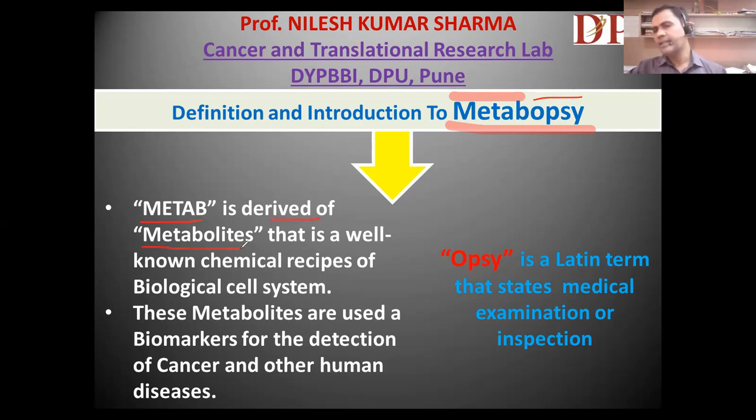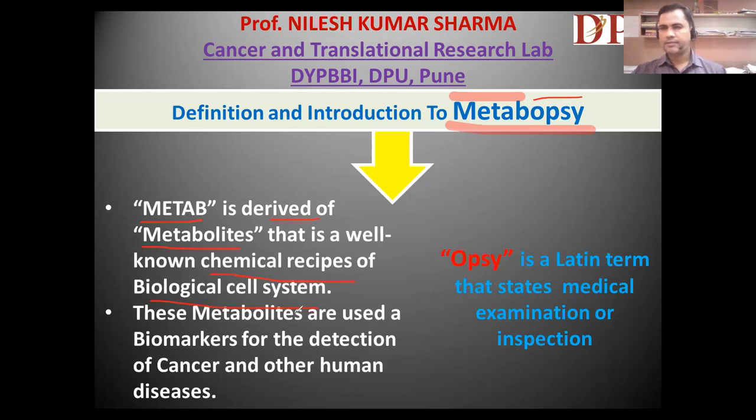We know very clearly that metabolites are small molecular weight chemical structures or compounds. Those are found in various biological cell systems, starting from prokaryotes like bacterial cells, then plant cells and animal cells, including human cells. These are very important chemical recipes of biological cell systems that facilitate various types of metabolism.